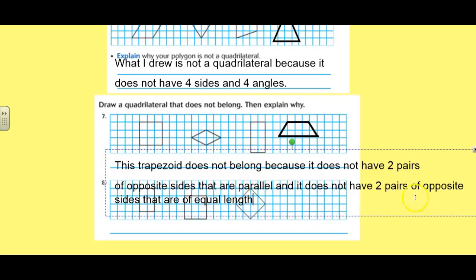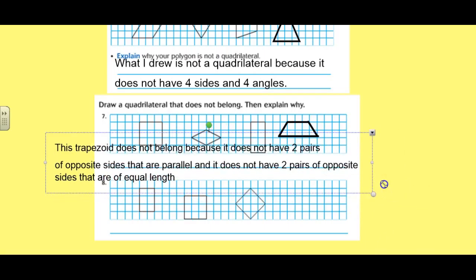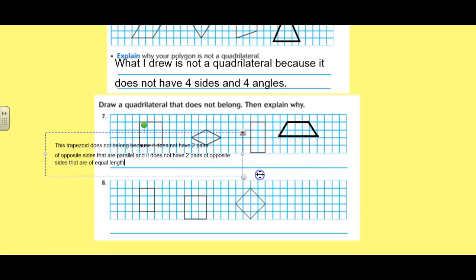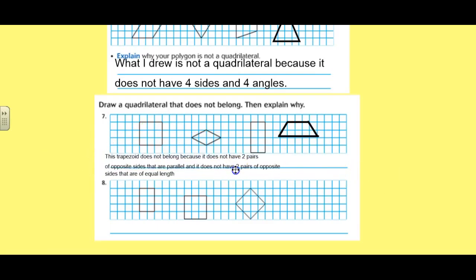And you'll have to put exactly what I put right here on your paper because that's exactly what makes that trapezoid not belong. And you do have to include all of that as your answer.